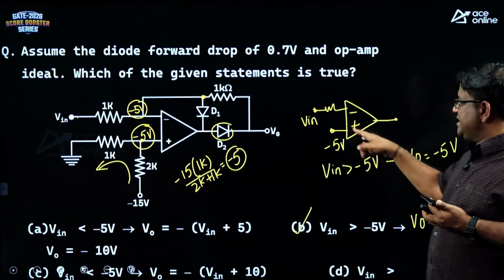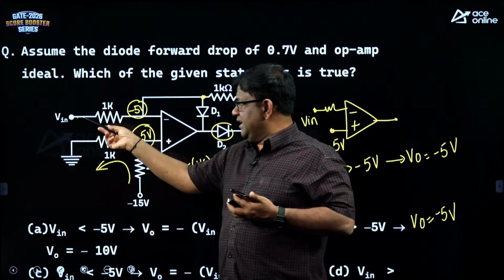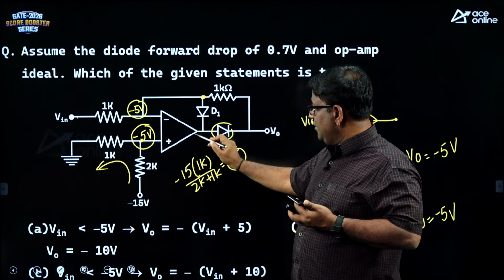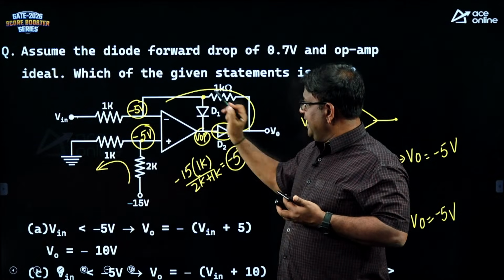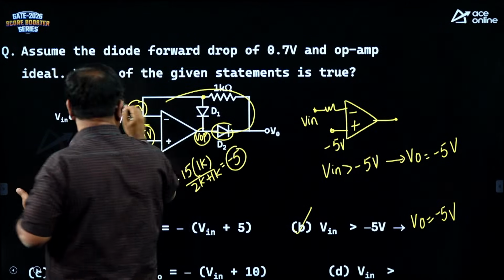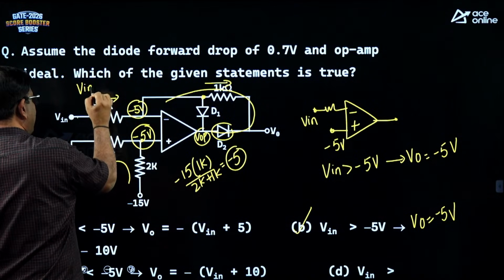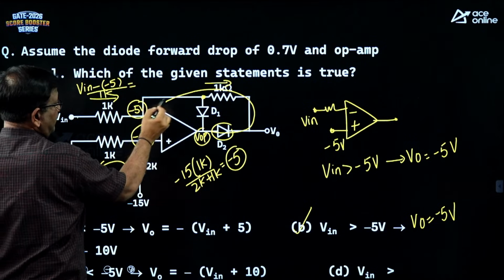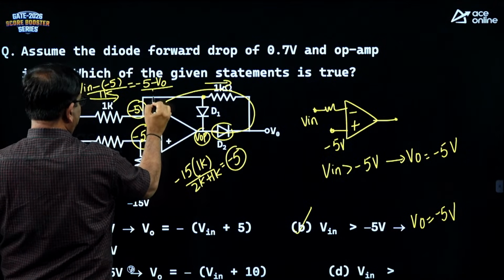And then please check for Vin less than minus 5. So, it is like doing it twice. Whenever Vin is less than minus 5, the non-inverting is greater than the inverting, so the op amp output becomes positive and this diode is on. There is again negative feedback, so you can apply virtual short. (Vin minus (minus 5)) by 1K is equal to (minus 5 minus V0) by 1K.